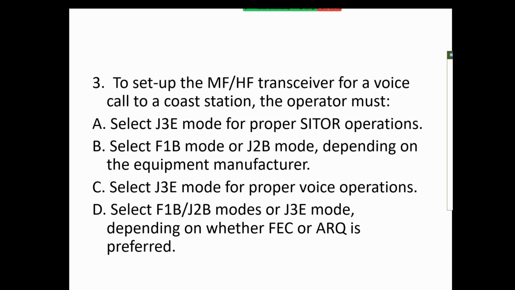All right, I'm going to explain some of those, maybe in a second or two. But the main thing they're asking here is for a voice call. So how are you going to set this up for voice? And we did see that the J3E is a single sideband that is used for voice.